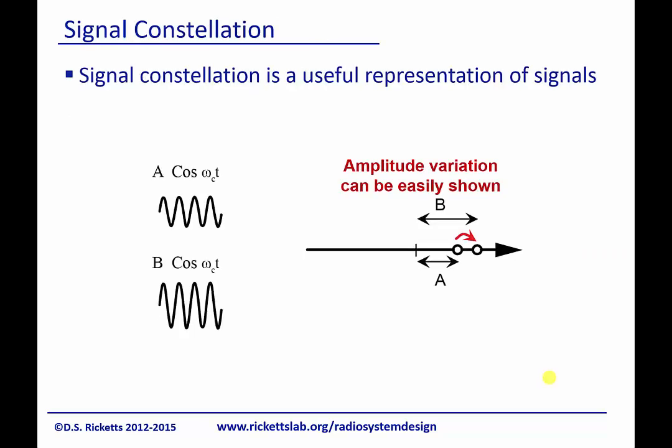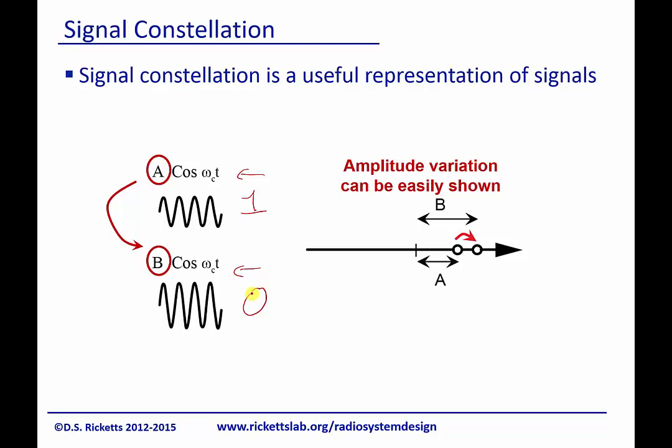I want to talk a little bit about the concept of a signal constellation. We have two signals on the left here. One is A cosine omega t, and the other is B cosine omega t. Maybe we shift between A and B, where this represents a 1 and this represents a 0.